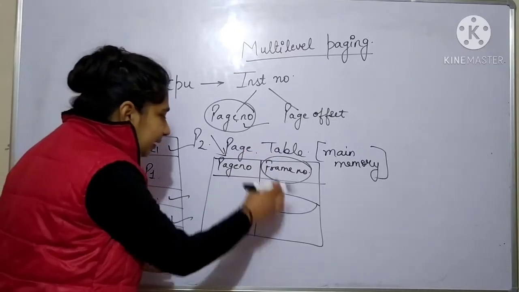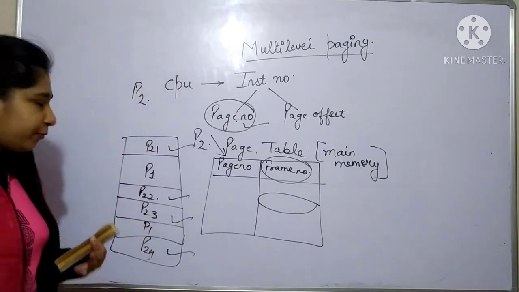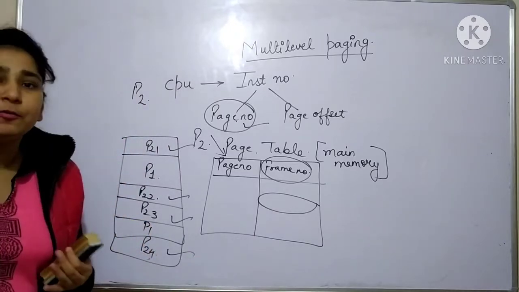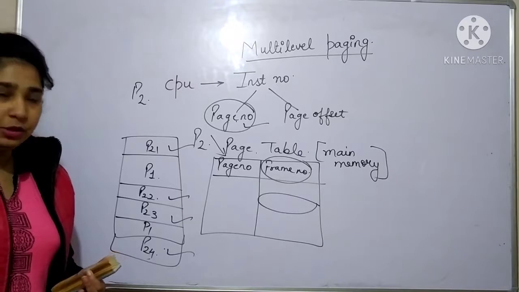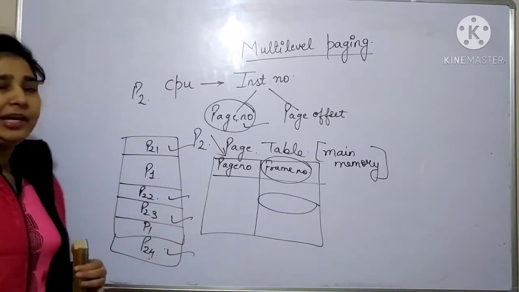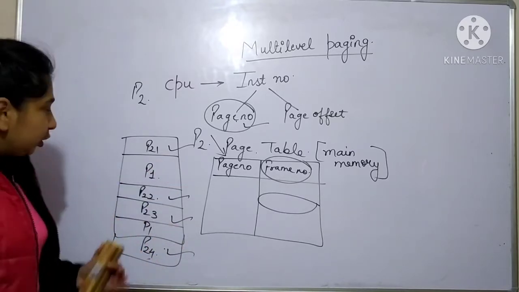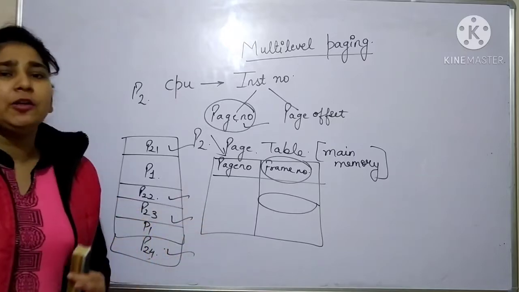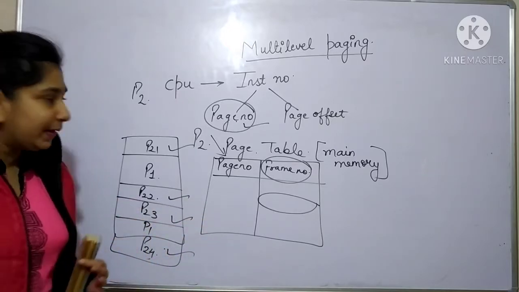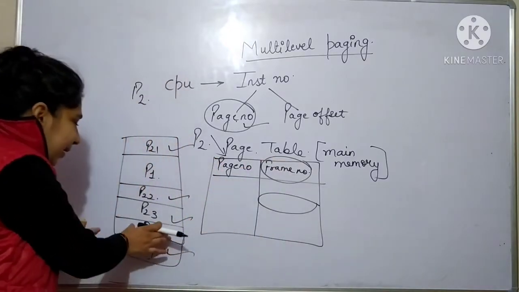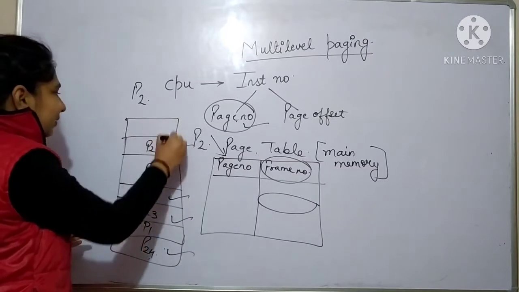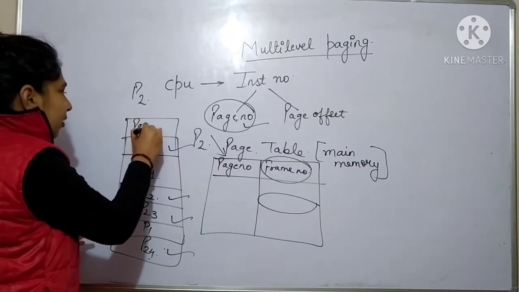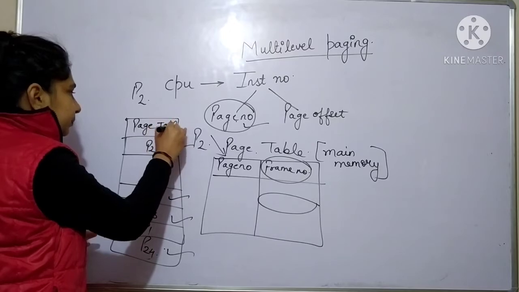and from the page table you go directly to the frame in the main memory. You don't need to search the complete main memory, only some part of it. Your page table is also present in the main memory like this. This is the page table of process P2.